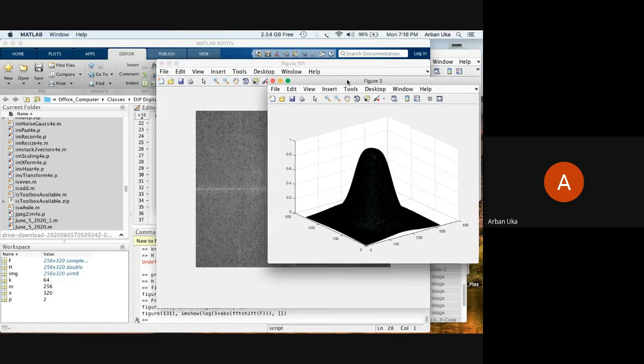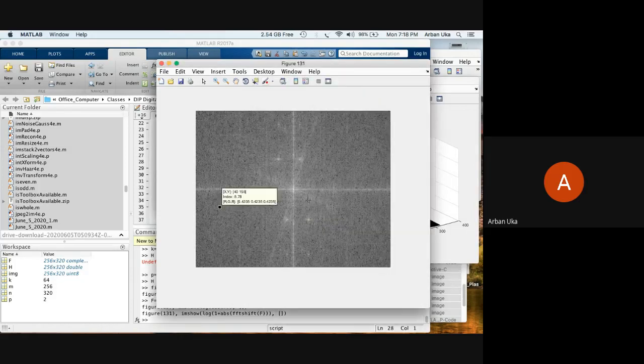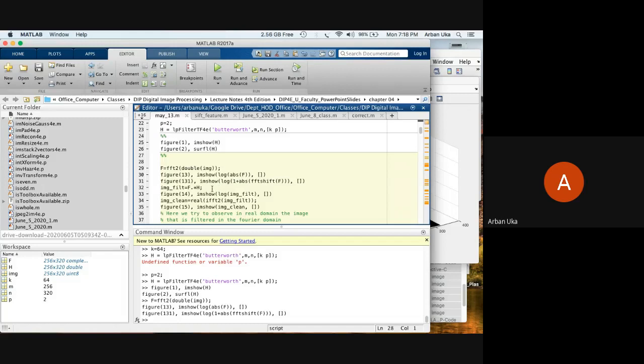What this filter is going to do is multiply with 1 whatever is around the center of the image, and multiply with 0 everything which is out. So we're going to get 0 artificially. This filter is applied right here.